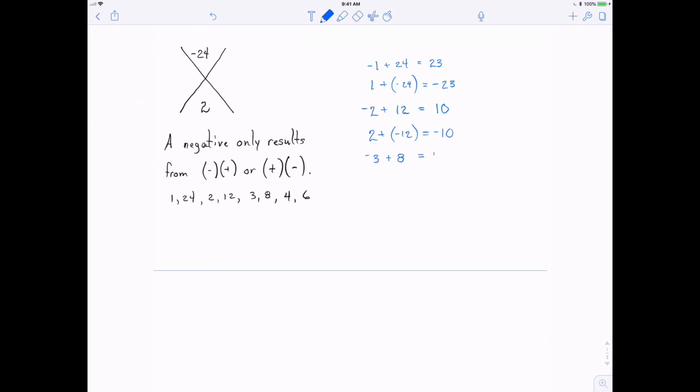That gives me a 5. And if we switch the negative sign, we have 3 plus -8, and we have -5. We're down to our last two, which is a -4 plus a 6. And there it is. That's 2. We write our results, -4, 6.